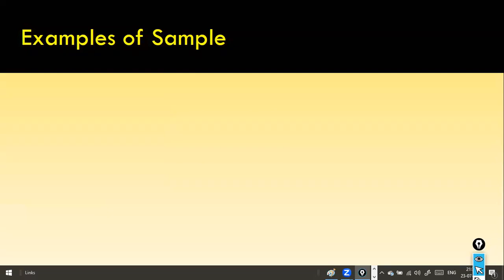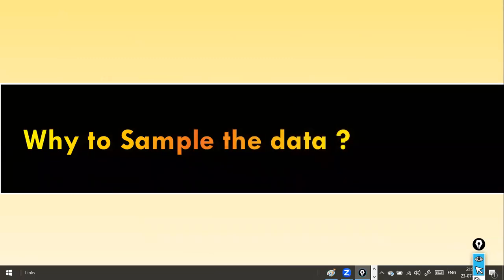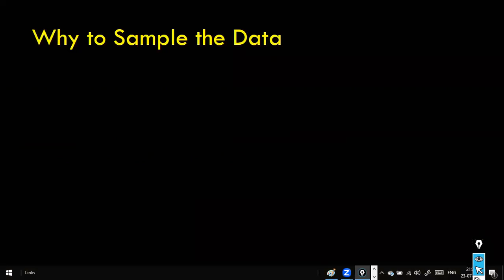I'll just come back to that simple example. So now the question is, why do I need to sample the data? Like I said earlier, it is very difficult to get access to the population data in the first place. Hence we need to rely on this sample.